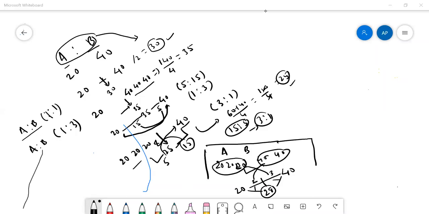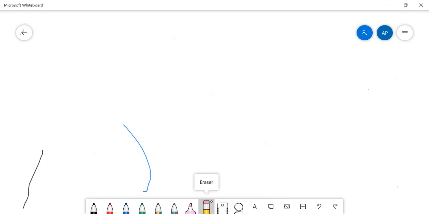Of course, Nivedita, I will describe it again. Let me erase the entire board again. Whosoever has written these lines here, the blue and black line, please delete it from your side.